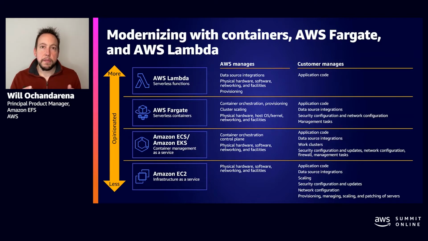So you can, for each of your applications, pick which abstraction works best for you. With Amazon EFS, you don't have to pick one size or one approach for all of your applications. Instead, you can pick what's best for each application and use Amazon EFS to share data in between those applications.